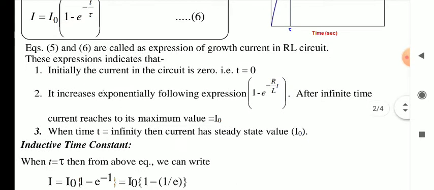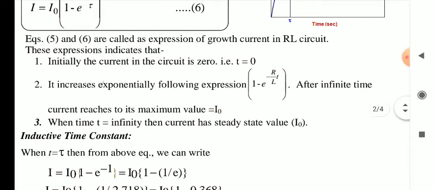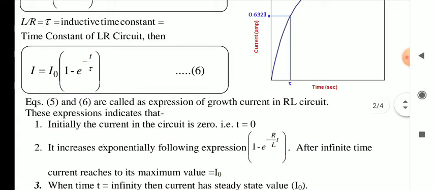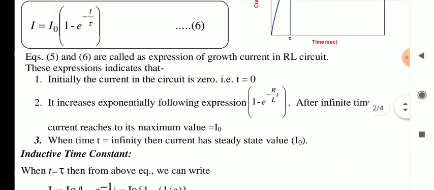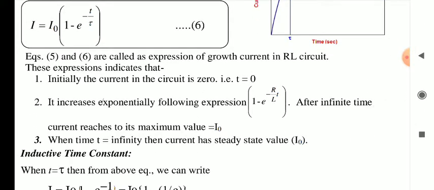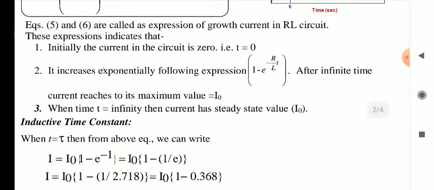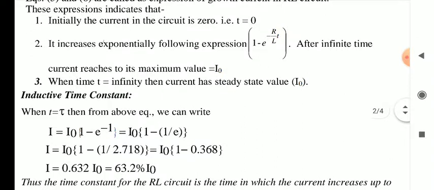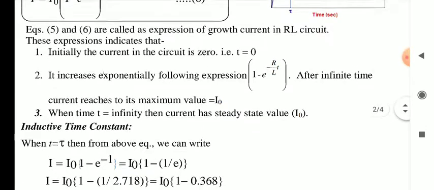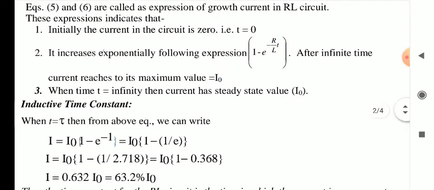After infinite time, the current reaches the maximum value I naught, as shown in the graph. When time t is equal to infinity, the current has a steady state value equal to I naught. The inductive time constant is defined as follows: when t is equal to tau, from the above equation we can write i is equal to I naught into bracket 1 minus e raised to minus 1.